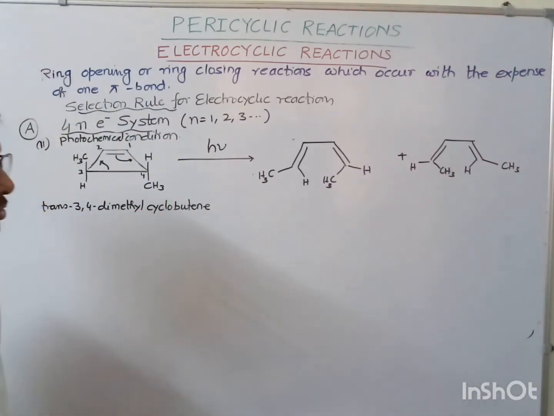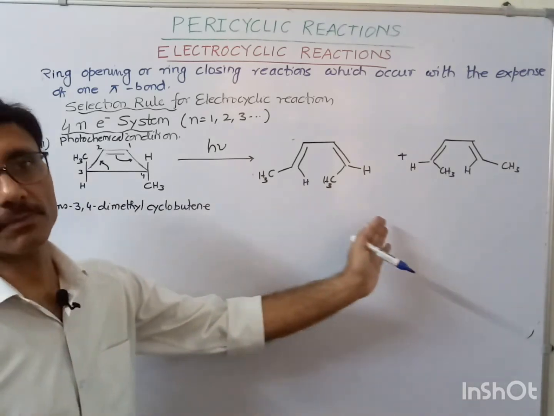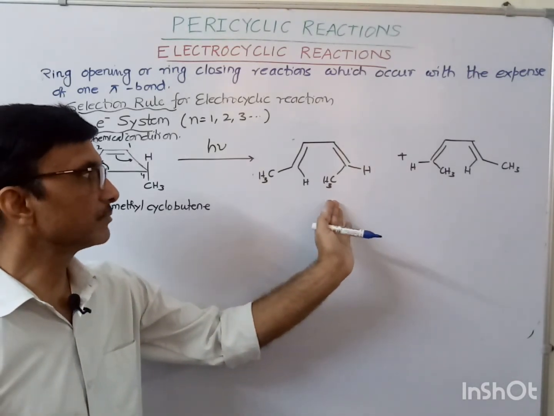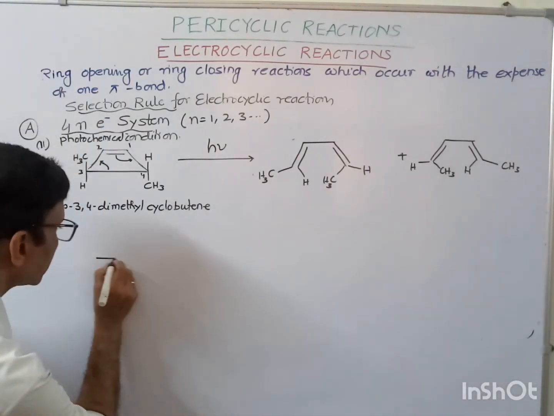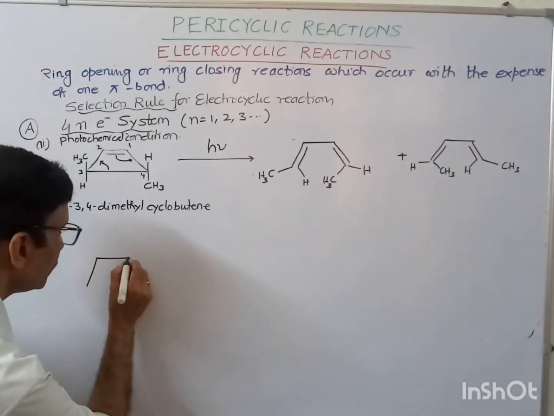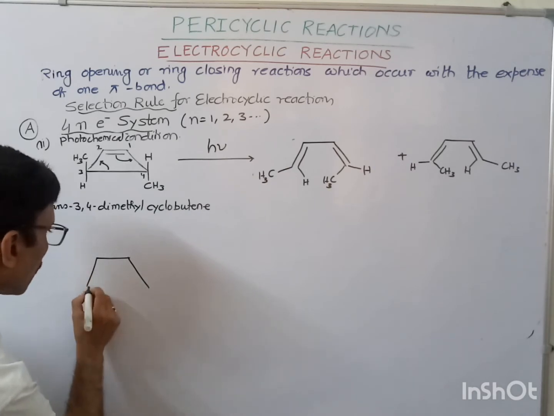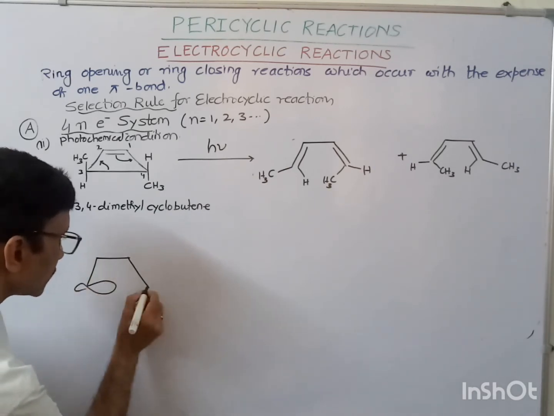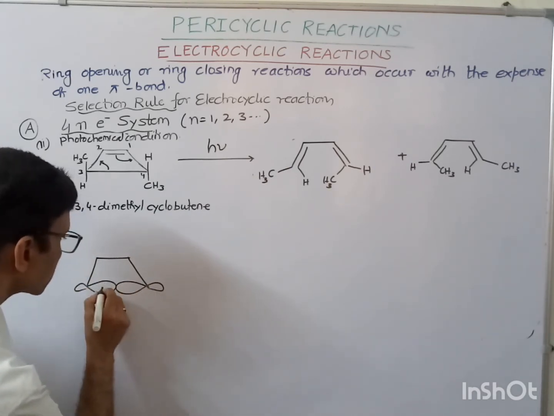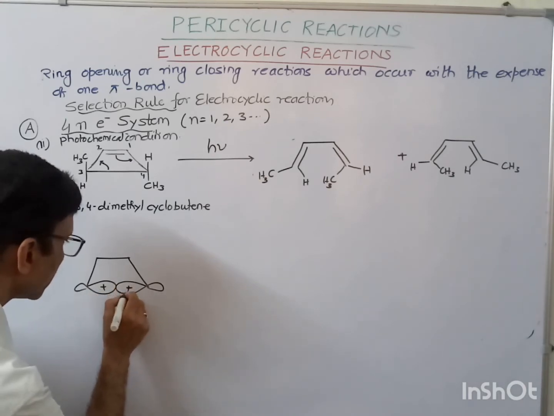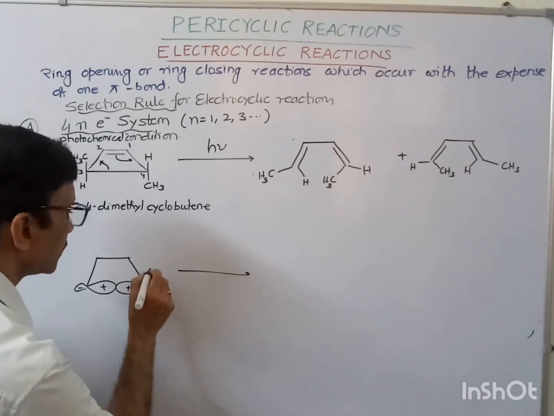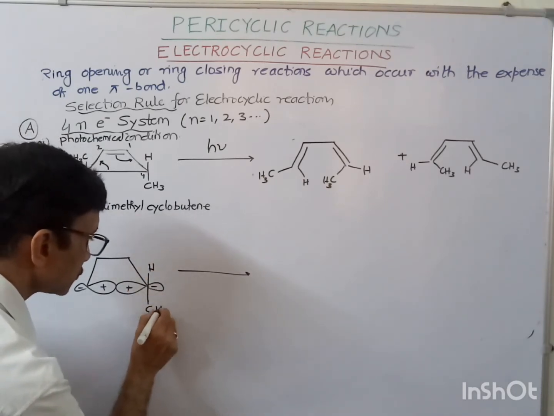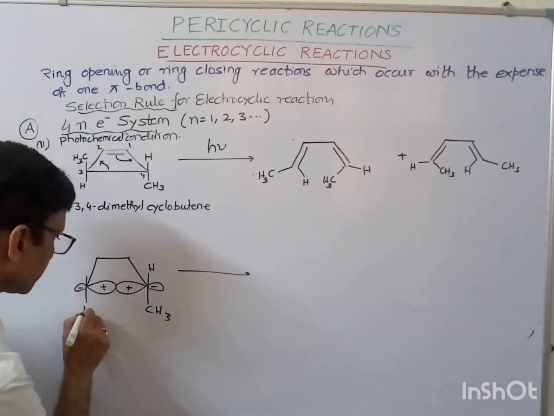So what should be the mechanism so that we obtain this product? This product can only be obtained when orbitals undergo disrotation. Then only such a product can be obtained.